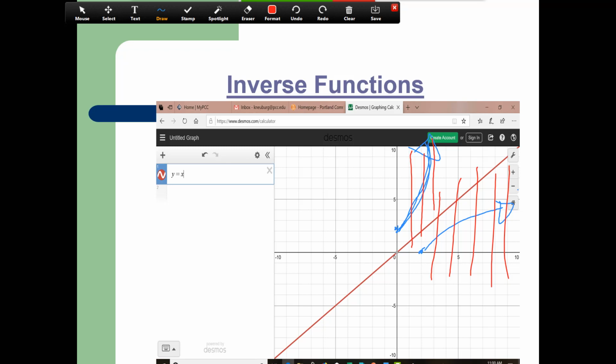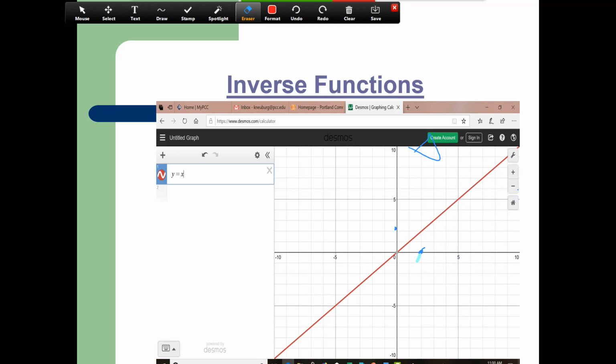I'm going to erase parts of this. That was a square root function, so we were able to reflect it, but notice it looked like half a parabola.